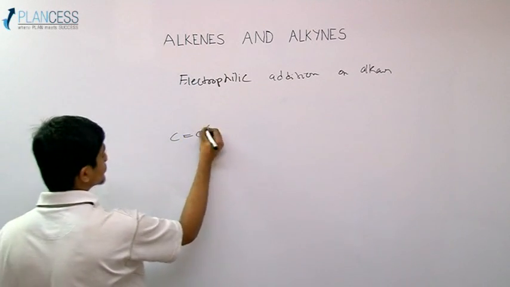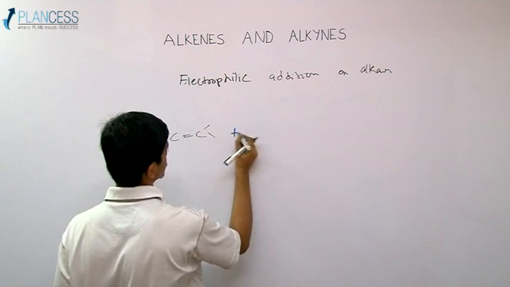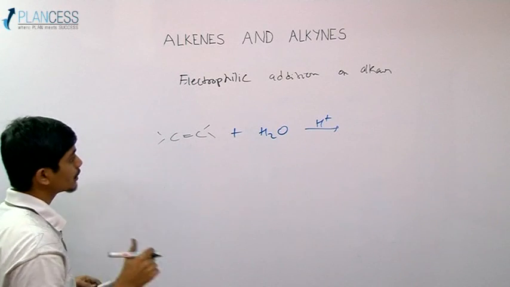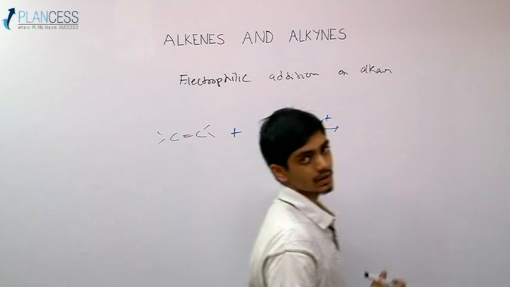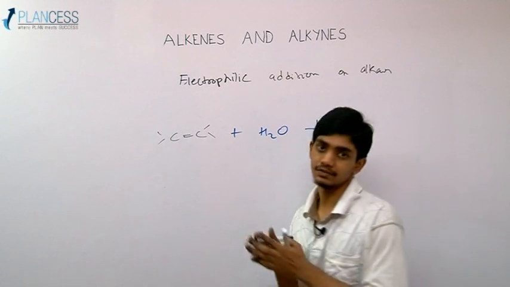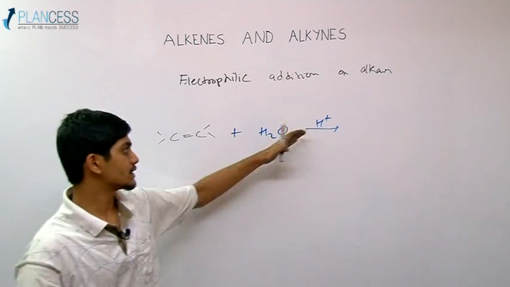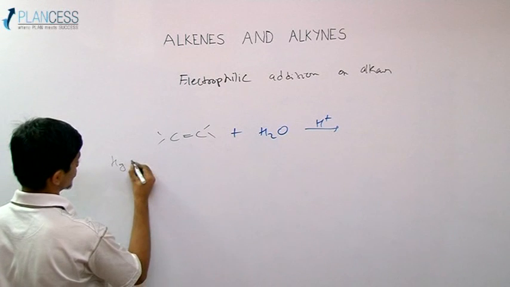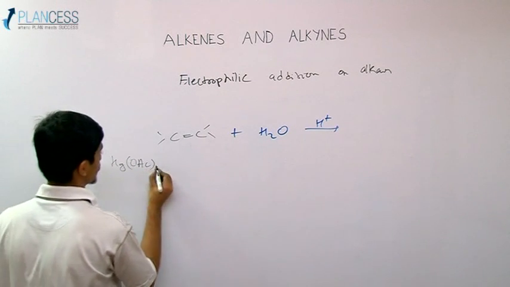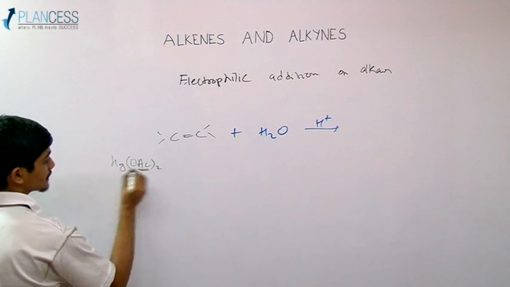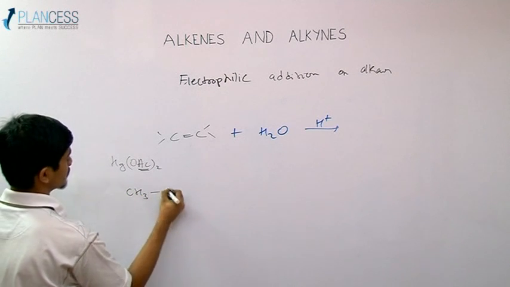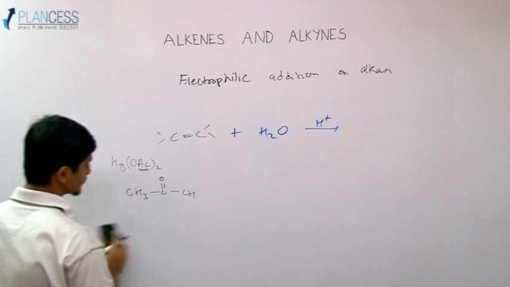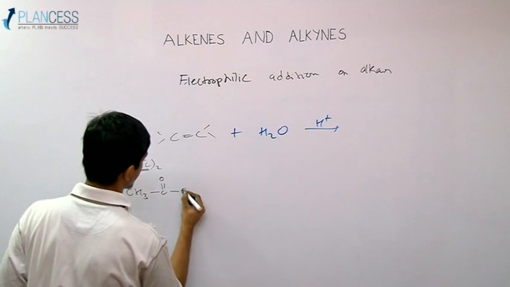So we have an alkene, we have water, and we take an acid. Now over here we can have the addition of water in three different ways. Once if you use the reagent as an acid, another case if you use the reagent as Hg(OAc)2, that is, this is the acetate group, CH3COO minus.